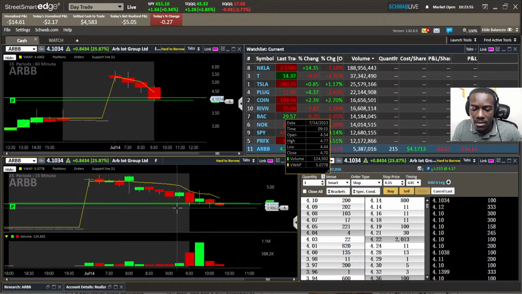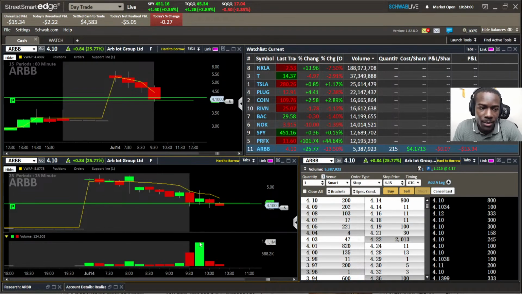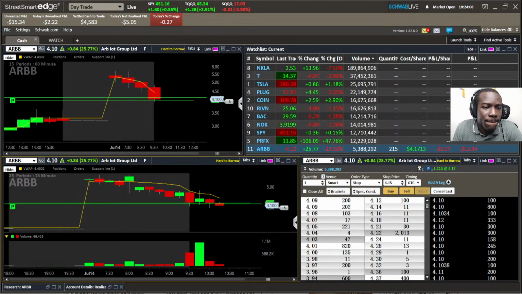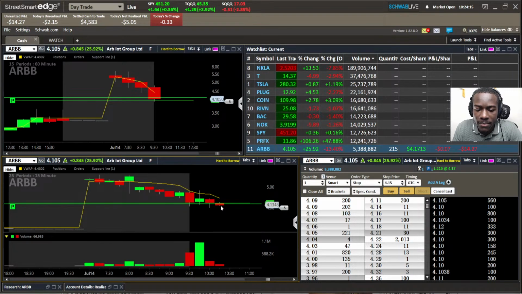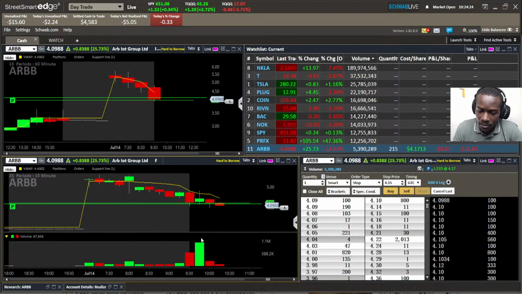I'm not going to add to this. If it stops me, I'll just be stopped out here, 40 bucks on the day. But if it wants to hold here under my entry price, I will add for a retest higher. If it wants to just hold this 10 cents, which I don't know if it's possible.